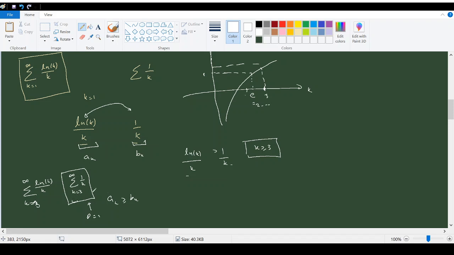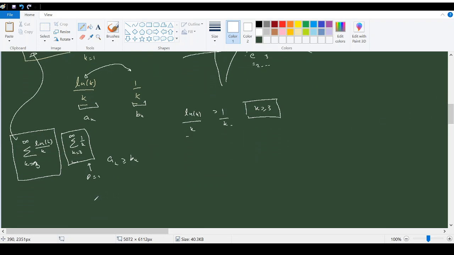And from the comparison test, we can say that the larger series will diverge, but originally you had k equals 1. And remember I mentioned that adding or removing finite terms of a series will not make any difference to the convergence or the divergence property. So if we know that this series diverges, then definitely this series will also diverge.